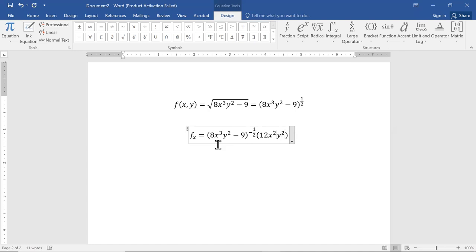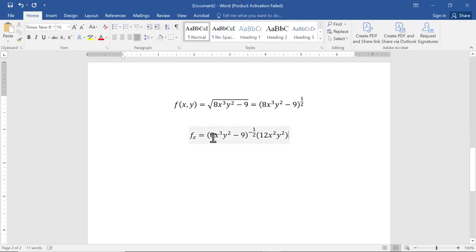I can't distribute the 1/2 inside here because of this exponent, but the 1/2 I can multiply times the derivative of my inside function. That makes things look a little bit nicer.